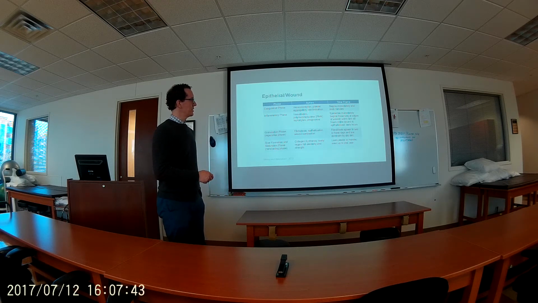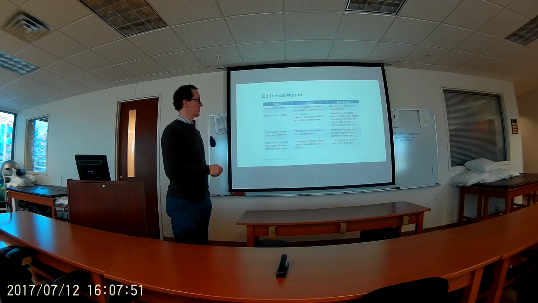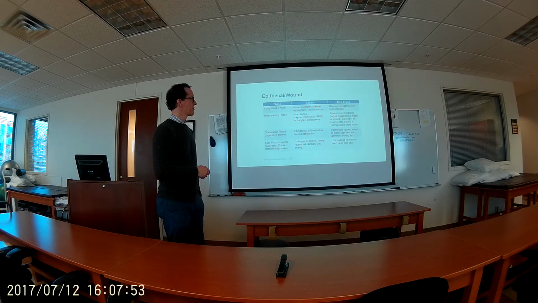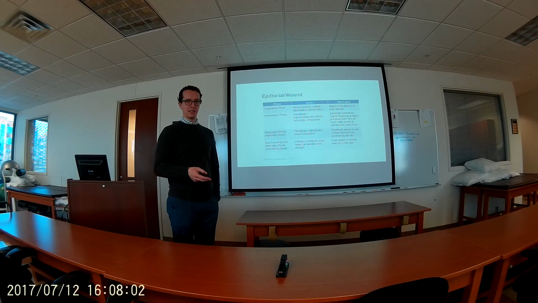The action is basically what's going on in each of those phases, and the time frame gives you a more specific breakdown. When you initially have a wound or an injury to the skin, there's the coagulation phase, which happens immediately and can last several minutes.